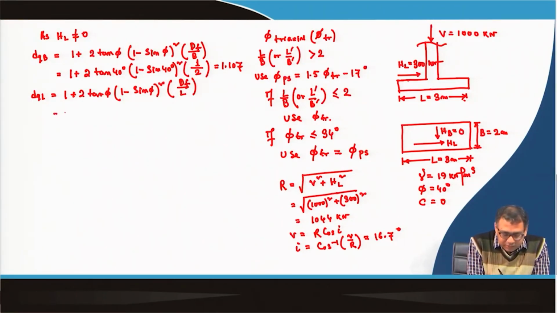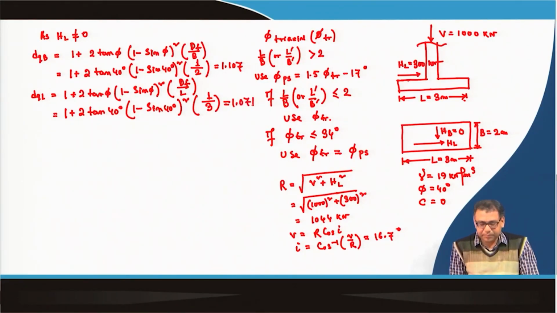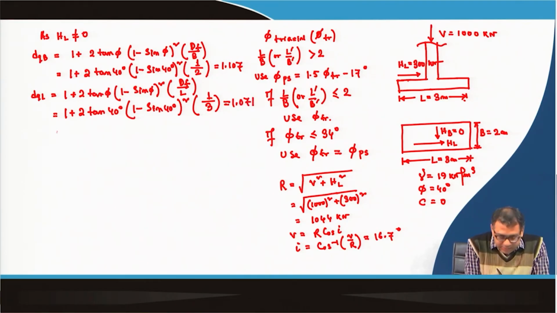Now, this is equal to 1 plus 2 tan 40 degree, 1 minus sin 40 degree square, Df is 1, L is 3 meter. So, that value is 1.071. And as per Hansen, d gamma B and d gamma L are both 1.